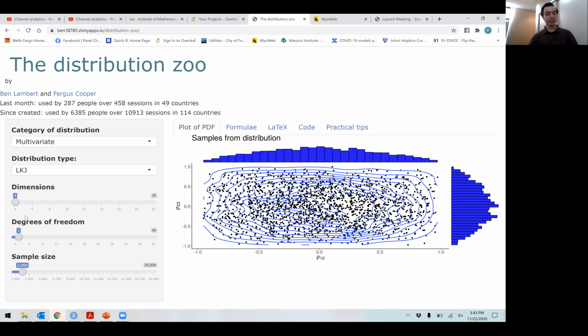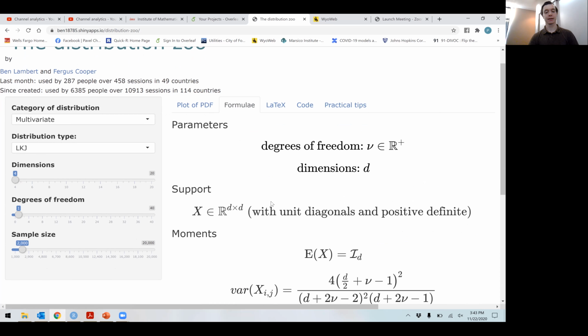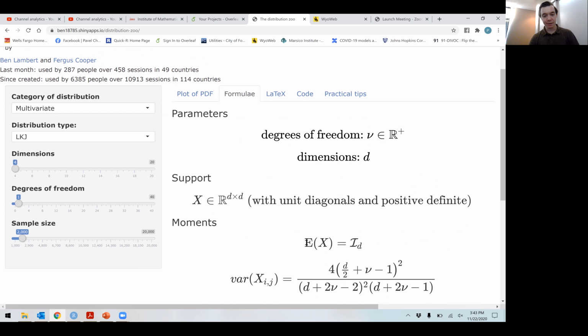And this right here is corresponding to the LKJ 1. This is going to be completely uninformative. In fact, we see that right here. The expectation of my 4 by 4 correlation matrix is an identity matrix of equal dimension.